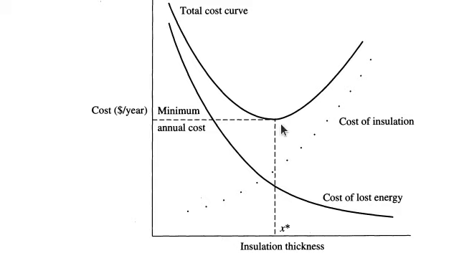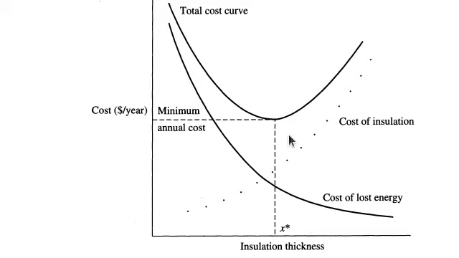So after the minimum, the cost is increasing. When you add more layers of insulation, your cost is rapidly increasing. So if you use this much thickness of insulation, then your cost is this much, which is not optimized.